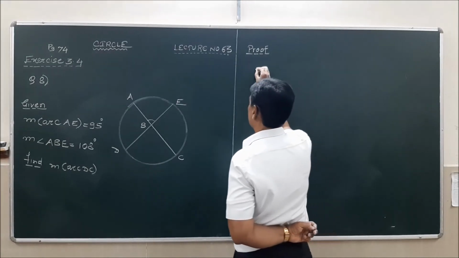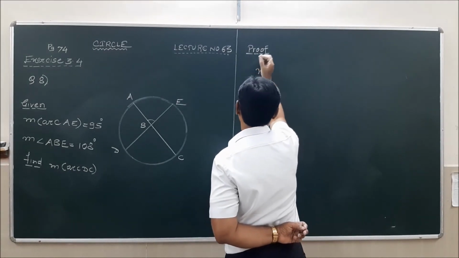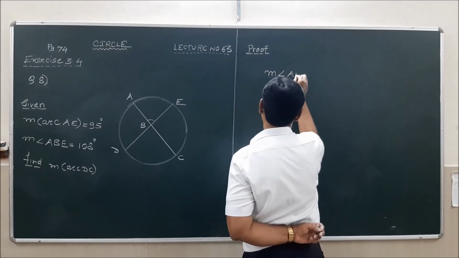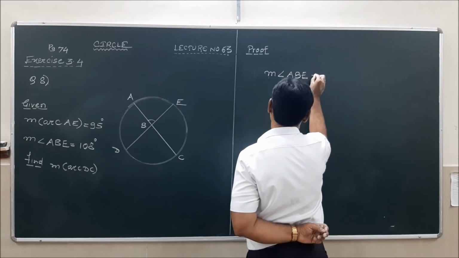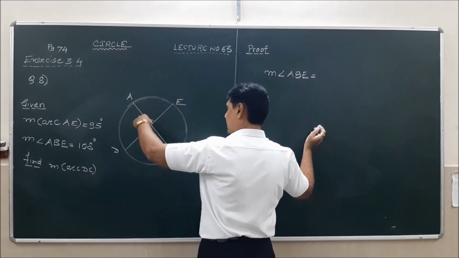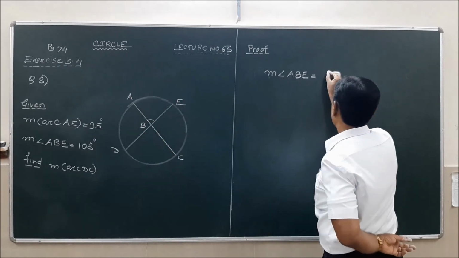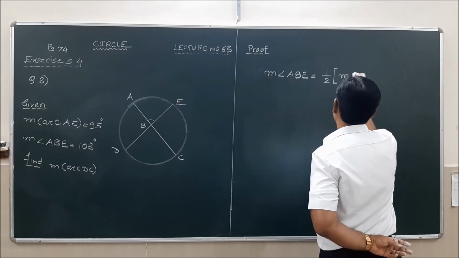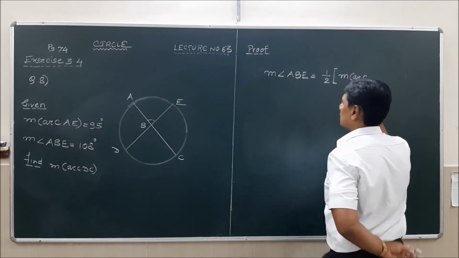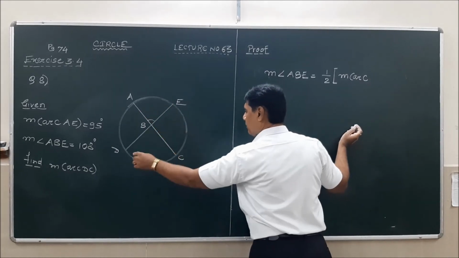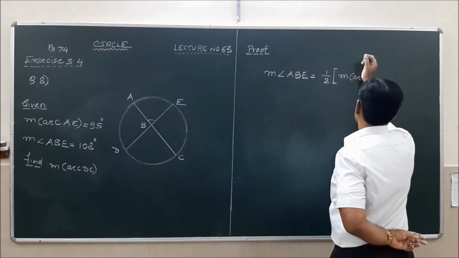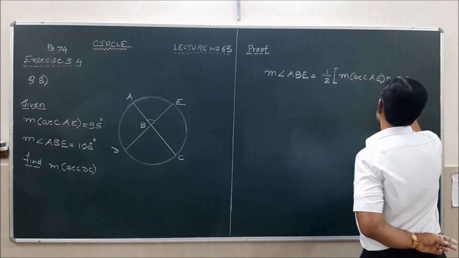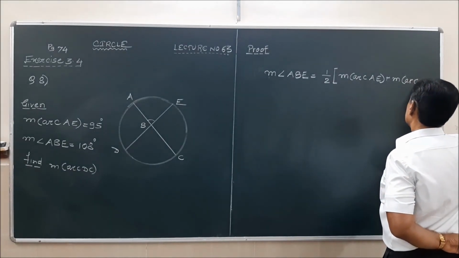So measure of angle ABE is equal to half the measure of arc AE plus measure of arc DC.